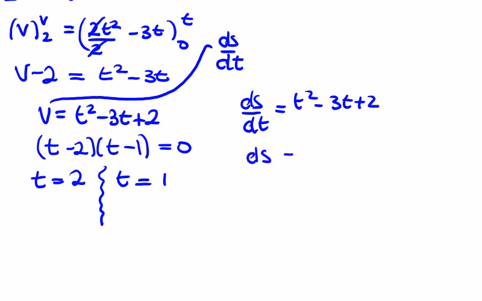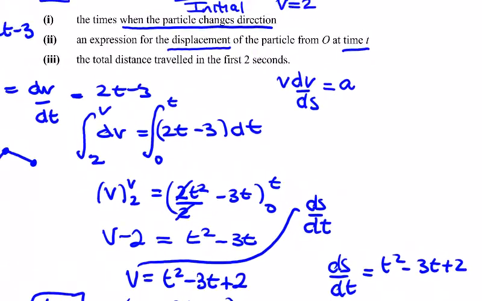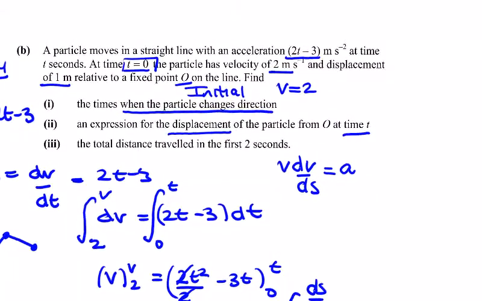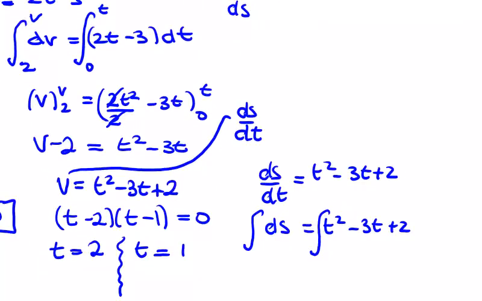So displacement in terms of t is when we're going to integrate these two things. We're given some information on displacement at time t. I think it's all the same units, isn't it? Meters and seconds, yeah. So displacement of 1 meter.